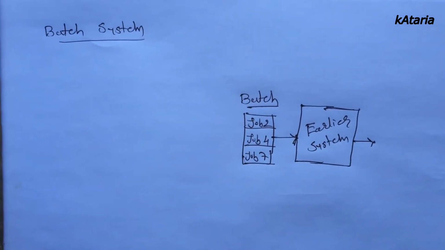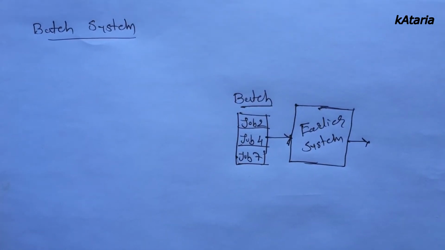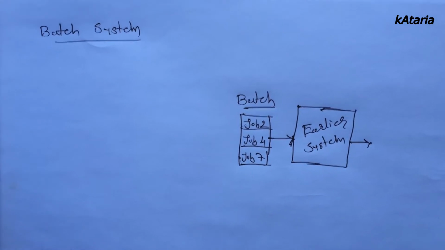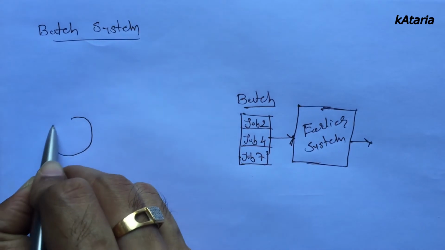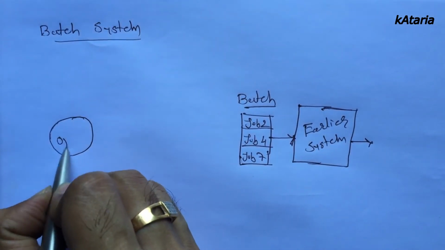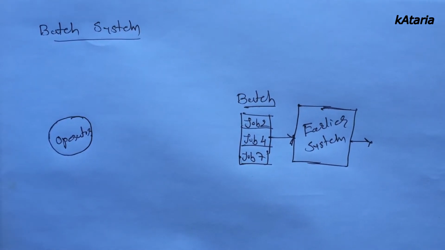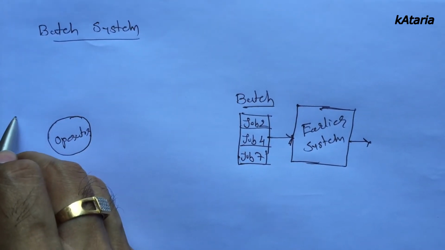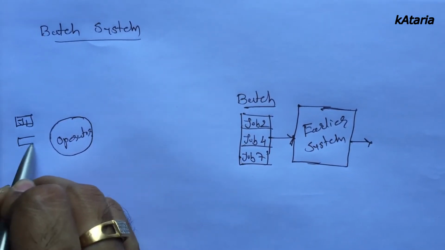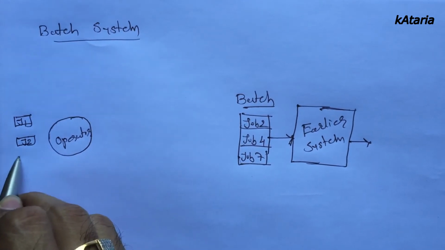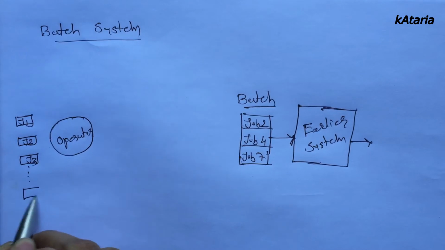So now the question in your mind may be, how is this batch going to be created? One operator is over here. So what is the role of the operator? Suppose there are multiple jobs, job 1, job 2, job 3 up to job n.